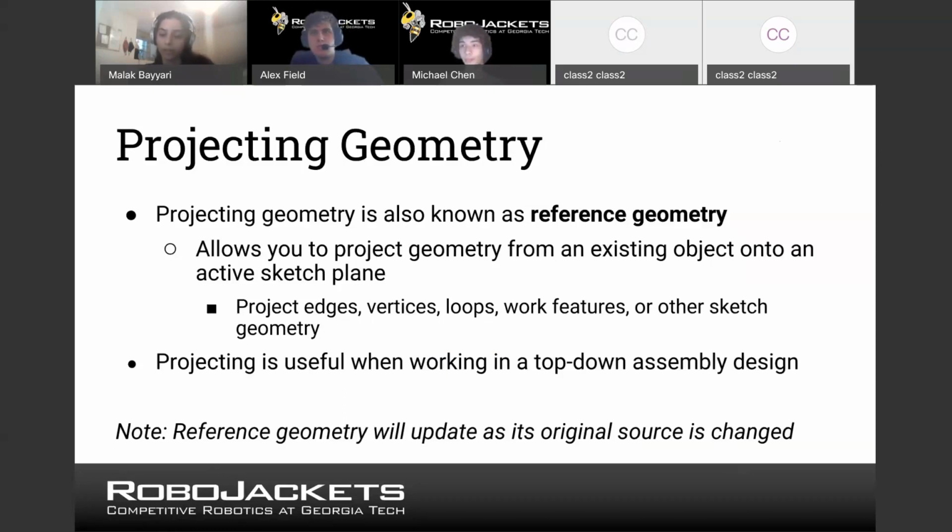These are really helpful when you're doing a top-down assembly design, which is basically when you start with all of your constraints and you're working towards one product. Reference geometry, just like the work planes, will be updated as the original source is changed. So keep that in mind when you're working with these.